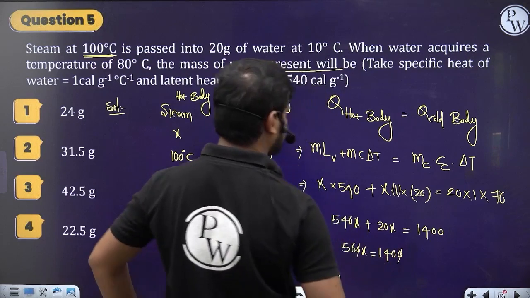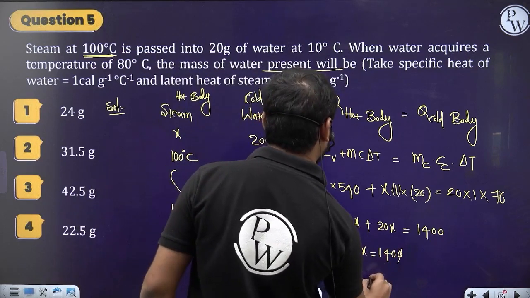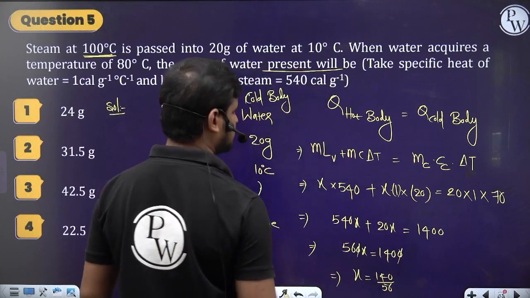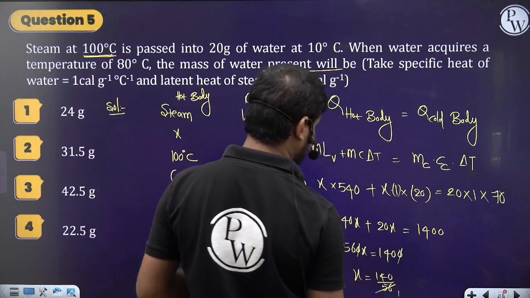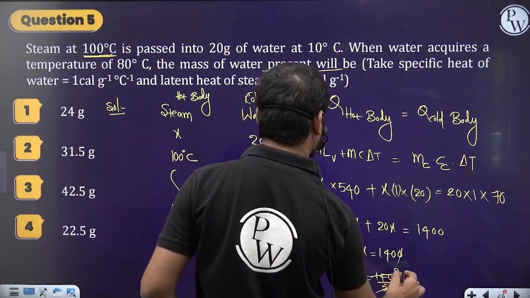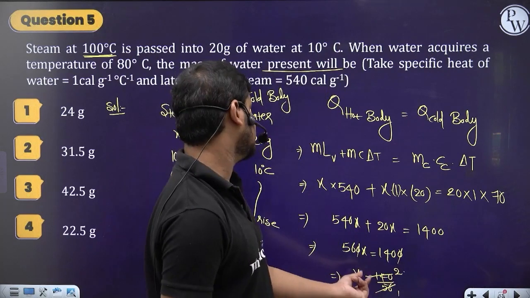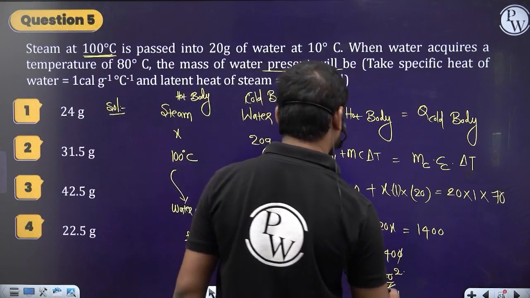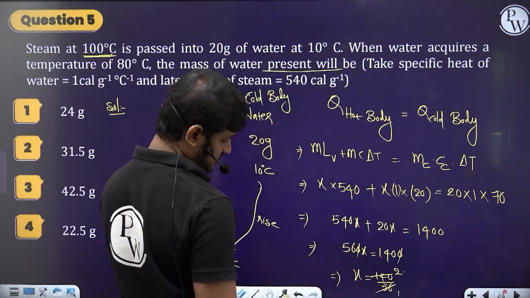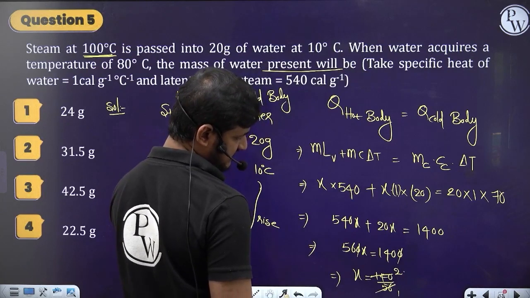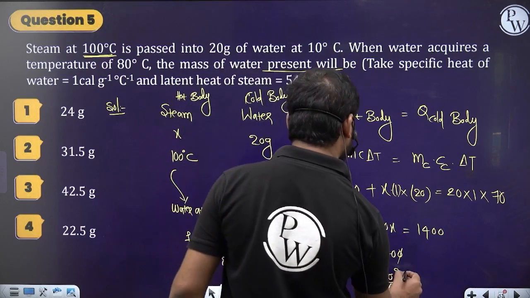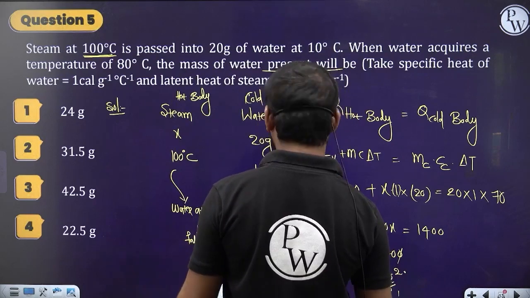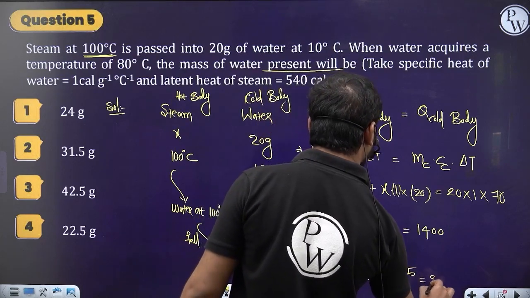So X will become 140 by 56. 56 one time is 56, two times is 112, three times it will not go. So 112, and 28 will be left. So 280, I can take 5 times, so somewhere around 2.5 grams.